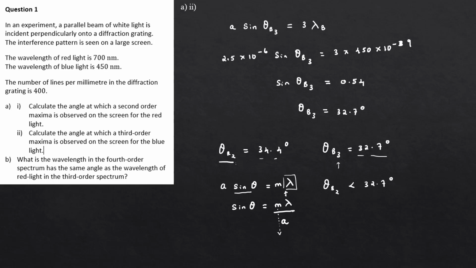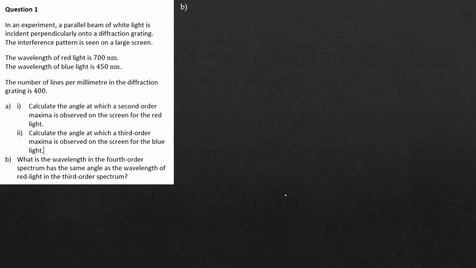Okay? So that's good. Now, the next part, the last part, part B. What is the wavelength in the fourth order spectrum that has the same angle as a wavelength of red light in the third order spectrum? Now, this is easy.